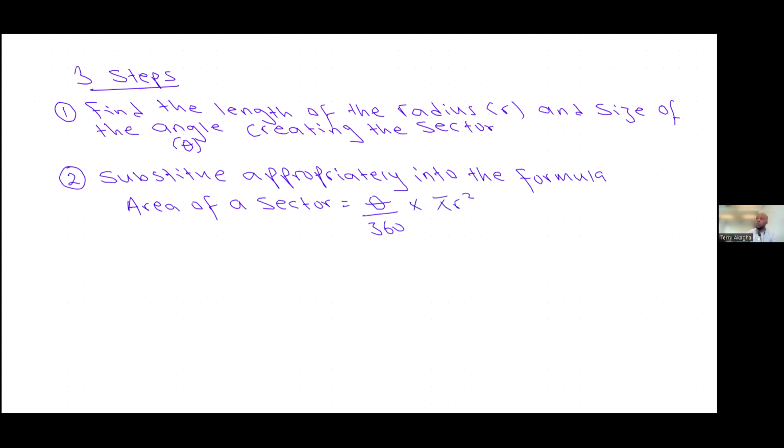We already know the theta, and we know the radius from the question. Number three, what you do then is simplify. So that's how you do it: you find the length of the radius and the size of the angle creating the sector.